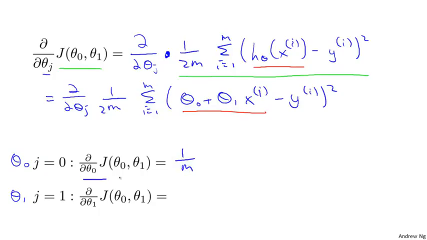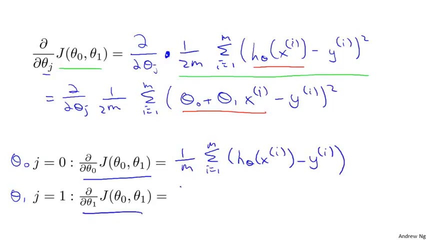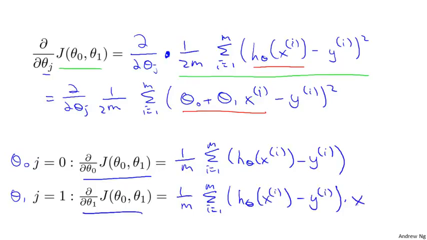The first term simplifies to 1 over m times the sum over my training set of (h(x_i) minus y_i). And for the partial derivative with respect to theta 1, I get this term, (h(x_i) minus y_i) times x_i. Okay?